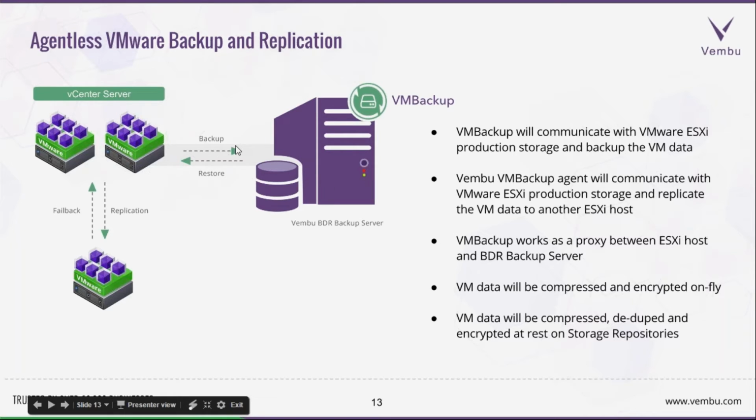And optionally, using the same proxy, you can also replicate the VMs from one VMware environment to another target VMware environment and do instant failback and failover. So at any point of time, the VM data will be compressed, deduped and encrypted at the storage, and even in motion it is only transferred in an encrypted manner.